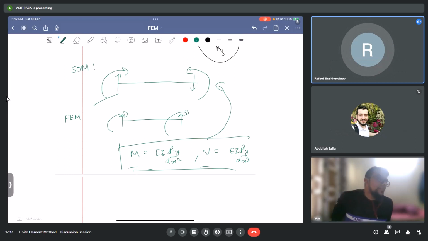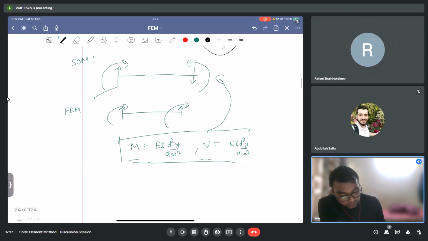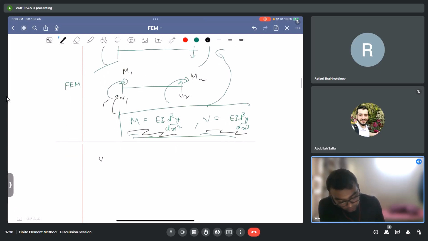But in the finite element method, we use this equation if we are following the sign convention. If we write V1, M1, V2, M2, for V1 we will use the same equation, EI d cube y by dx cube, where x is equal to x1. M1 is EI d2y by dx square, where x equals x1.